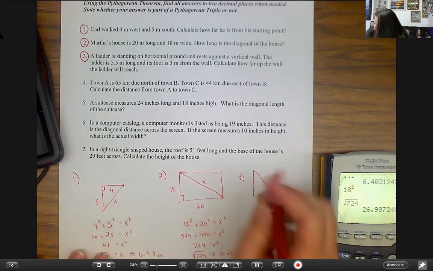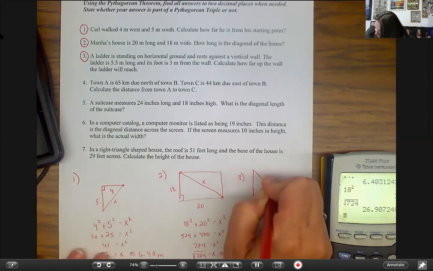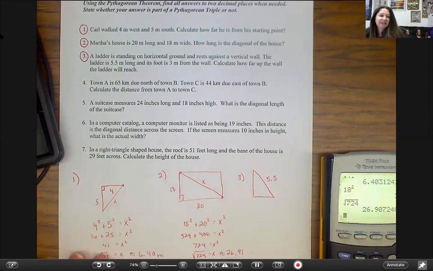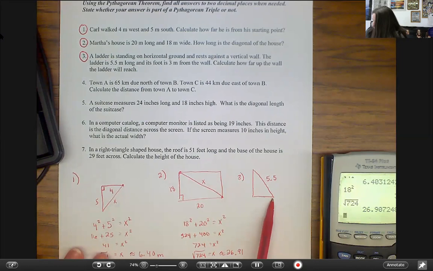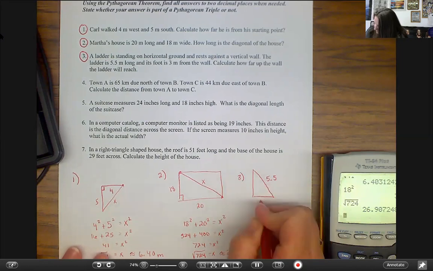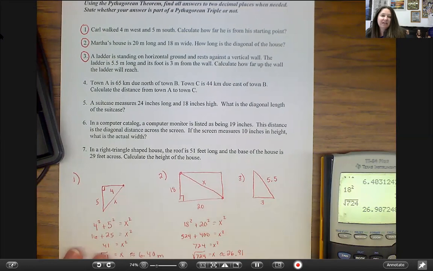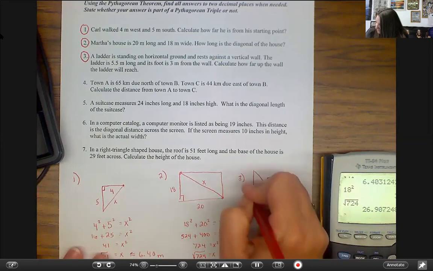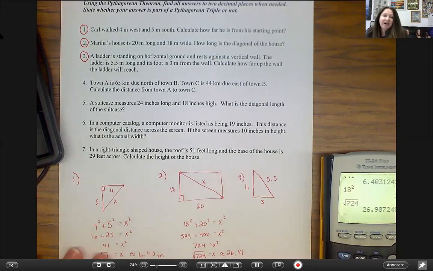The ladder is 5.5 meters in length, so I can put that on the hypotenuse. And its foot, the bottom of the ladder, is 3 meters from the wall. So I have 3 labeled there on the base of that right triangle. And we want to calculate how far up the wall the ladder will reach. So we're really solving for the height.